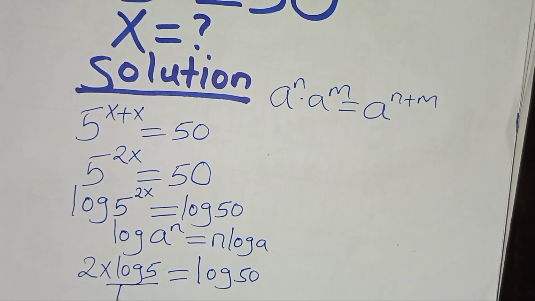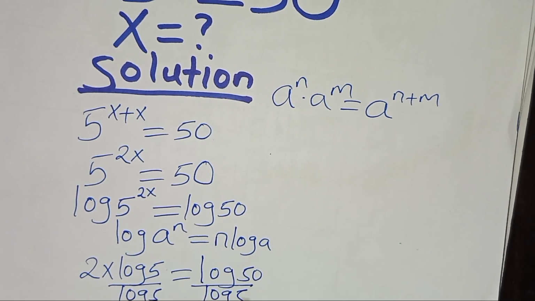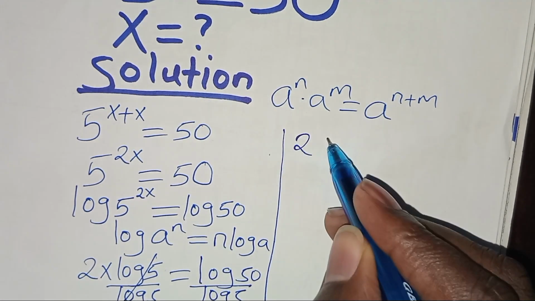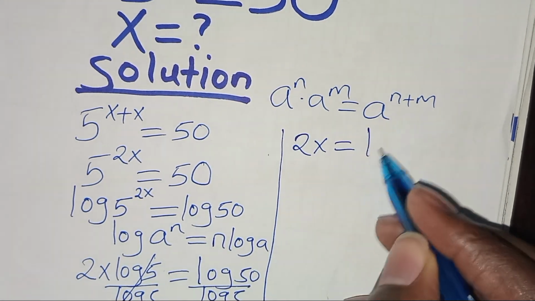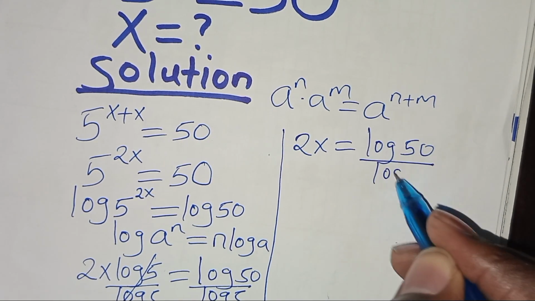So let's divide both sides by log 5, so that now we'll have 2x equal to log 50 divided by log 5.